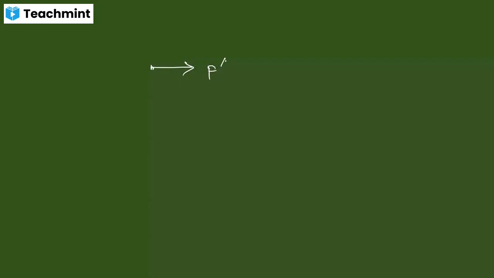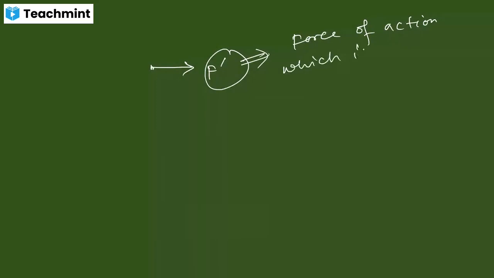This force is applied by M1 on M2. So let me write it down. This is the force of action which is applied by M1 on M2. So for M2, we are discussing that thing.